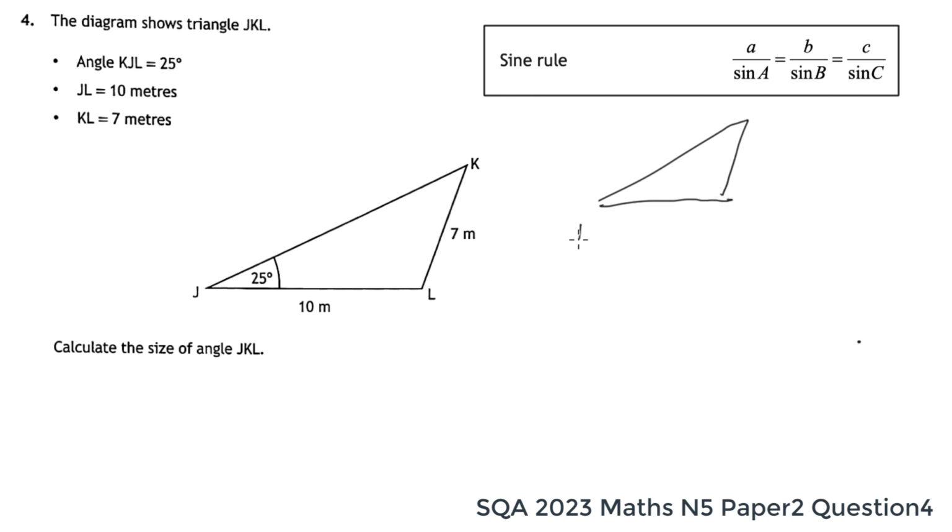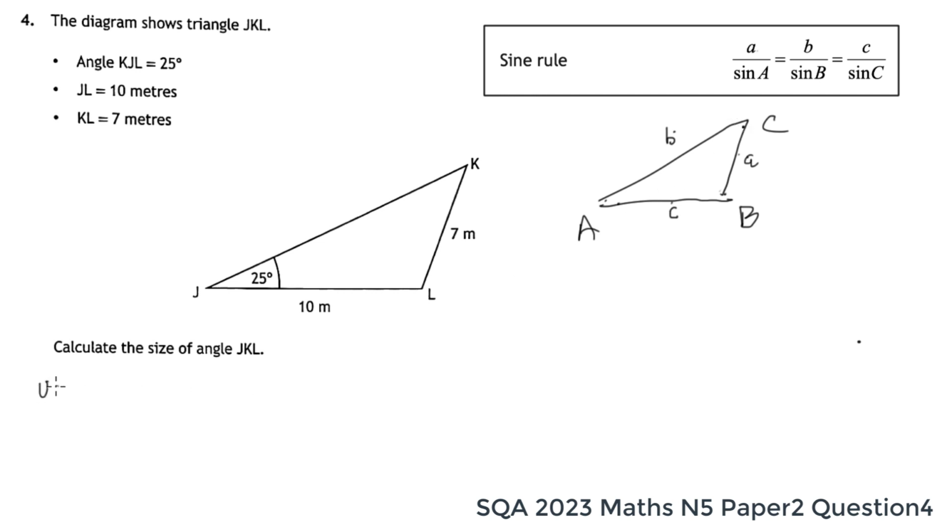So let's draw a triangle ABC. Now, little a is the side opposite angle A, little b is the side opposite angle B, and little c is the side opposite angle C. So the pattern is side divided by the sine of the opposite angle, a side divided by the sine of the opposite angle, a side divided by the sine of the opposite angle.